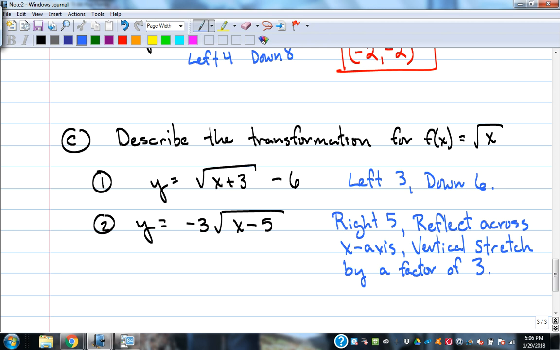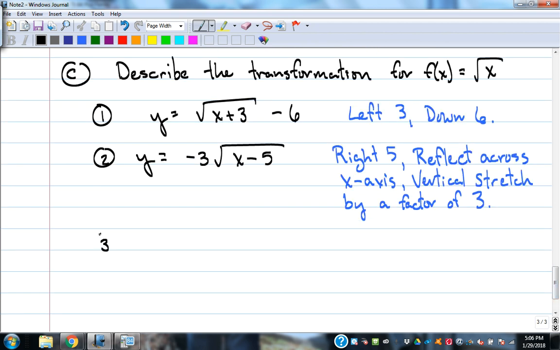Okay. One more, and then we'll be to the last section of the day. Square root of negative x plus 7, and then minus 16 on the outside. Good.